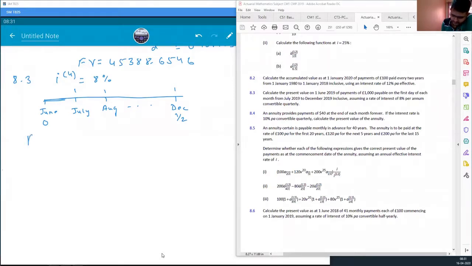So we are going to have present value is equal to the payment कितना है? Payment is 1000 payable on the first day of each month. So 1000 rupees per month. That means in 1 year we will have 12 into 1000. And then discounting for half year payable 12 times.